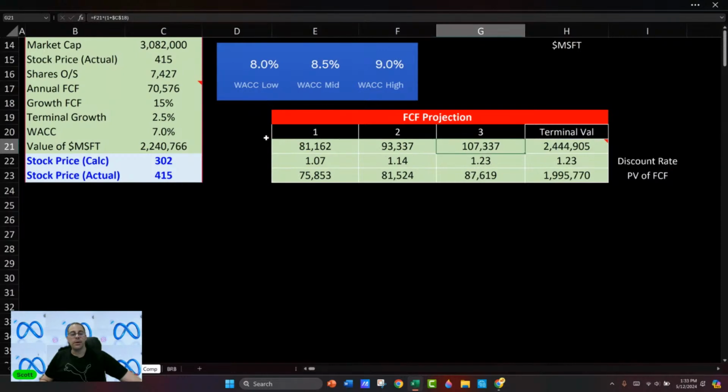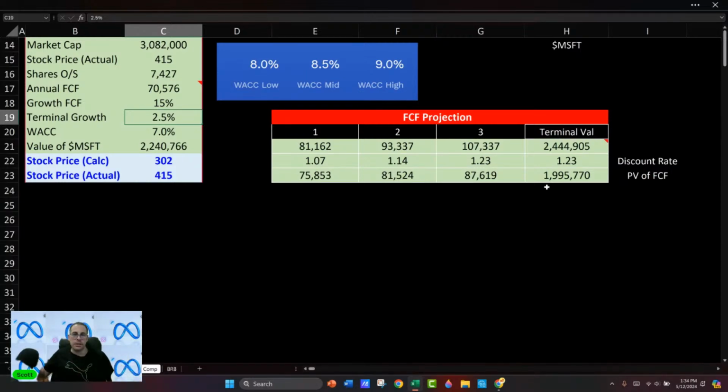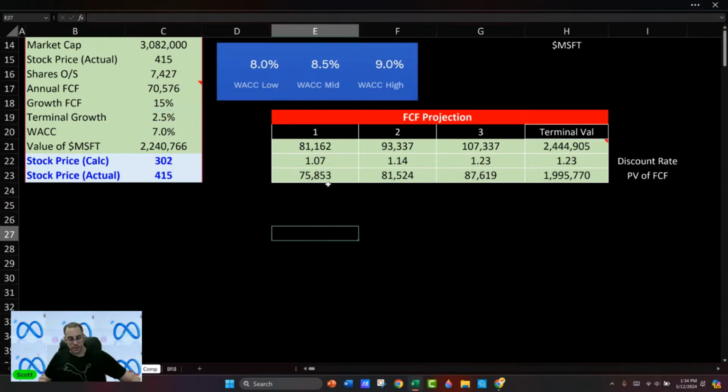The terminal value, we already kind of maxed out. You don't really want to go over 2.5%, because the idea of the terminal value is growth forever, and it's not like in 100 years from now. You might say, well, they're not going to be around. What if they're gone in 20 years?